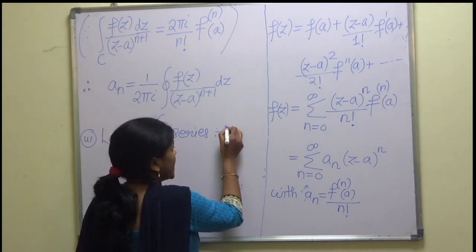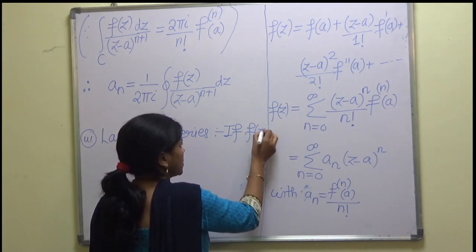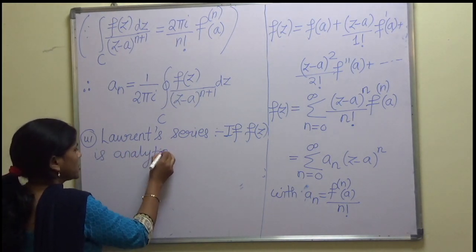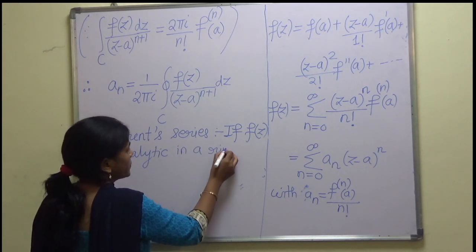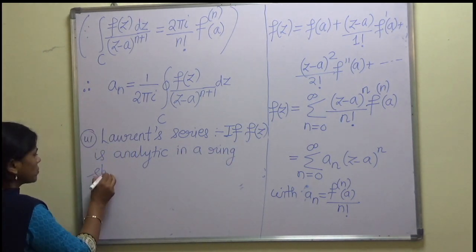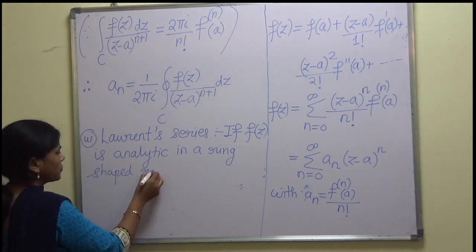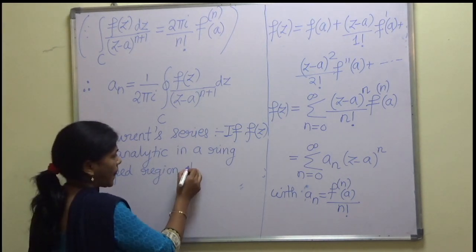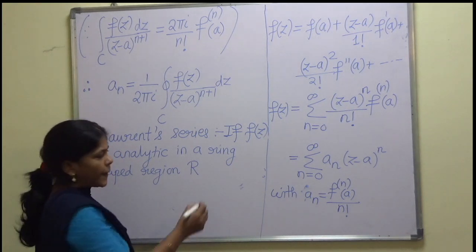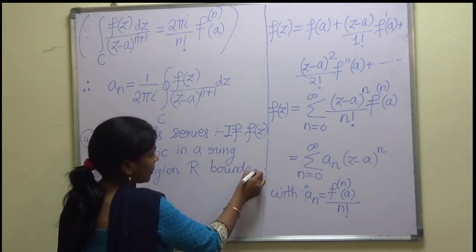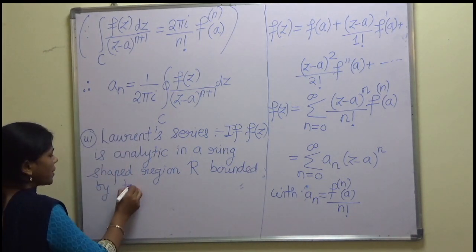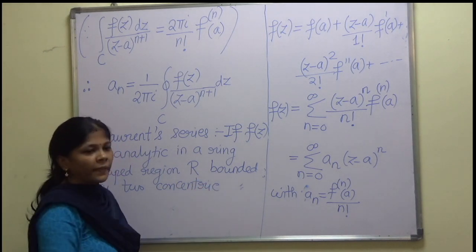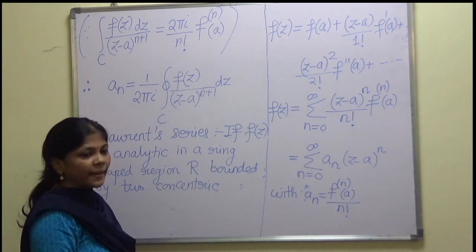If f(z) is analytic in a ring shaped region R bounded by two concentric circles. Concentric circles means circles having their center at the same point.